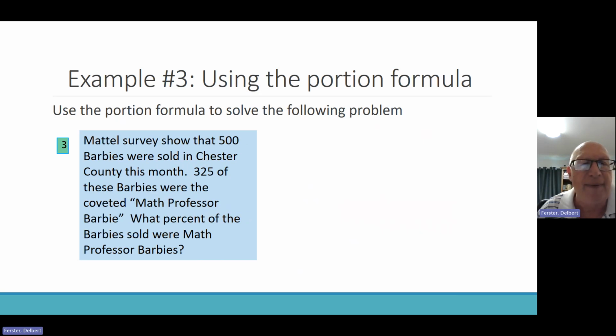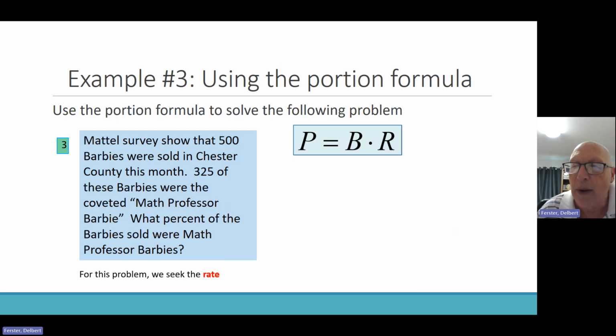Next problem, I'm a big fan of this. Chester County doing some research on Barbie sales. You'd be proud of me, man. I put my image out there for Math Professor Barbie. I didn't make the cut. So what do you got? Well, you got 500 total Barbies sold. 325 of them were the coveted Math Professor Barbie. And this time the question says, what percent is that? So your unknown is the rate.